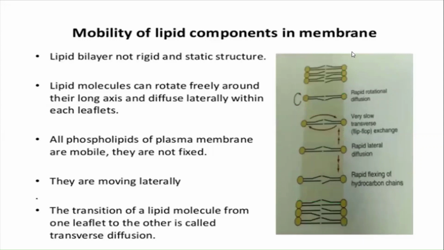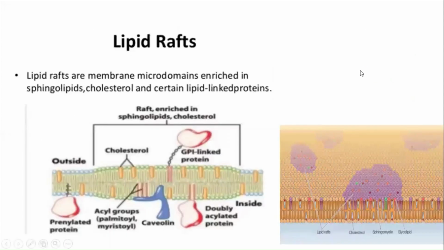Okay. Now something about the lipid rafts. This is what I actually wanted to discuss. I mentioned lipid rafts earlier, and here cholesterol plays a very important role. If you see in the figure, it is rich in sphingolipids and cholesterol.